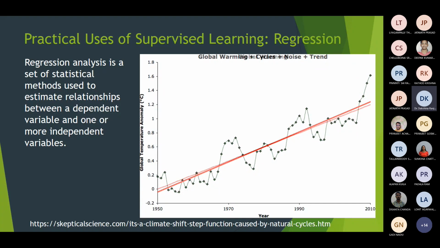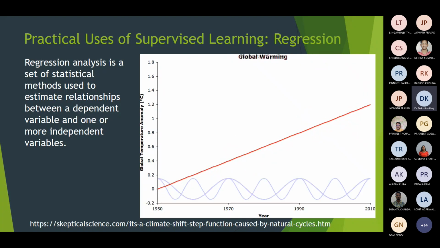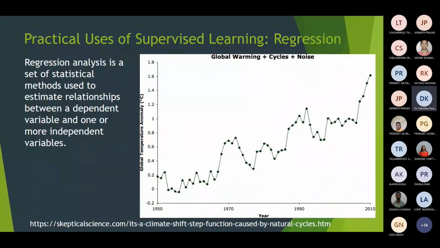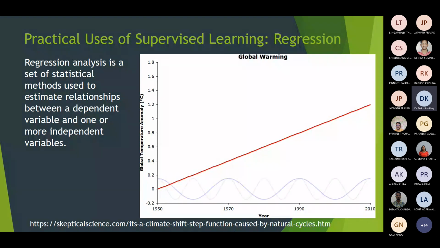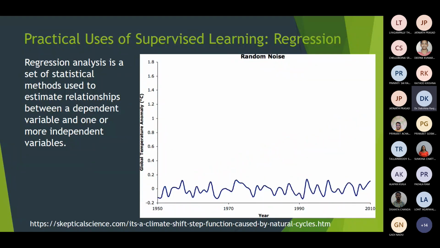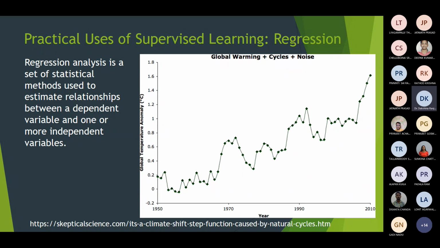You can consider that we have the average global temperatures over the last 72 or 73 years. Now we are going to estimate the average global temperature for 2023. So how will you estimate or predict that?